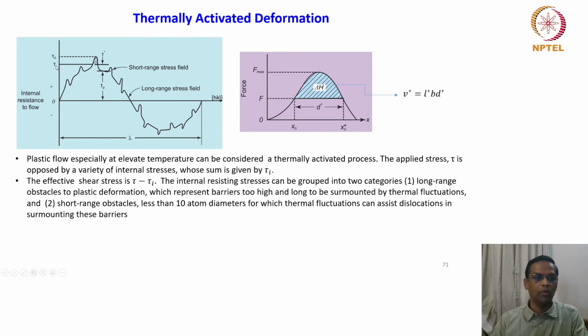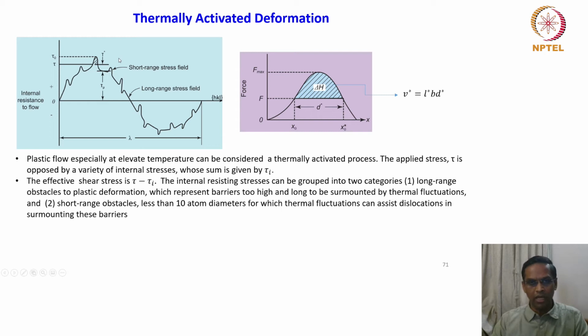Those fluctuations help to reduce the tau further, and when it reaches tau mu, which is the shear modulus we talked about, it will surmount all the thermal barriers, which will take care of all this short range stress field.